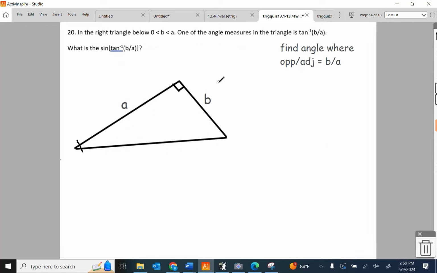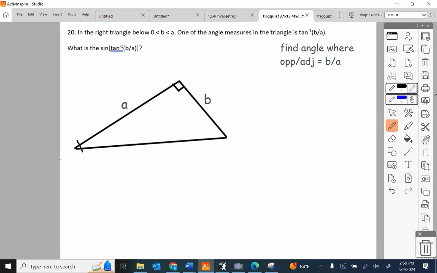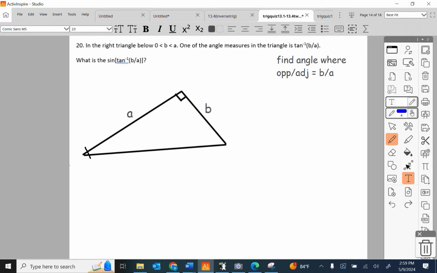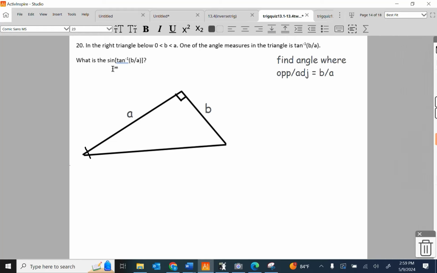All right? Opposite over adjacent. So it wants the sine of that angle. See what it's saying? If you figured out where you're at, now it's saying, find the sine of that angle.